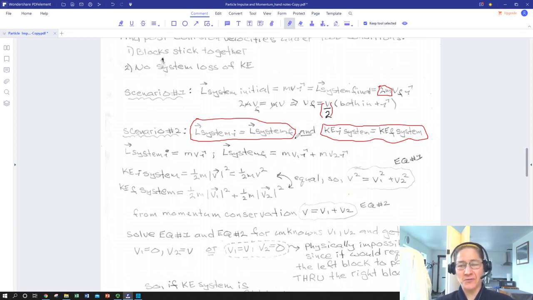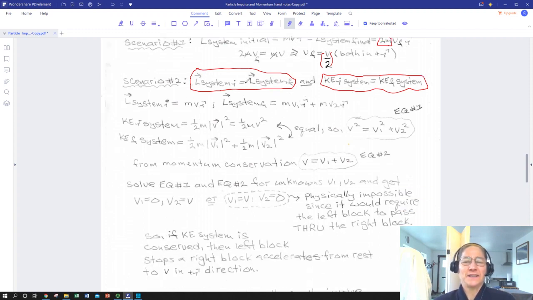Well, in the second case, we're going to make it be the same, and then we're going to see what the impact is on VF. All right. So system linear momentum initial, mv; final, m, and some v1 and some v2. So here's our conservation of momentum expression. Kinetic energy is initial 1/2 m times the magnitude of the velocity squared, and final, v1, v2, just written as the velocity for either mass.